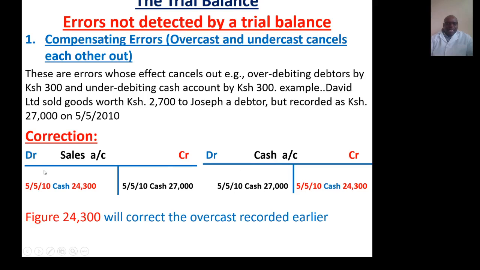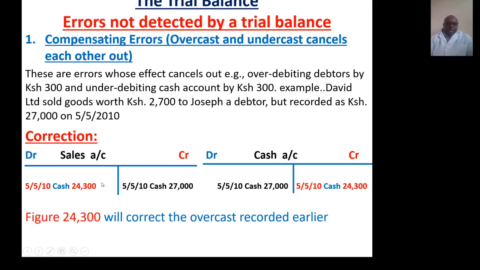So we record the balance of that figure between the error and the correct amount on the opposite side, so that when balancing, we'll be left with our 2,700 here.